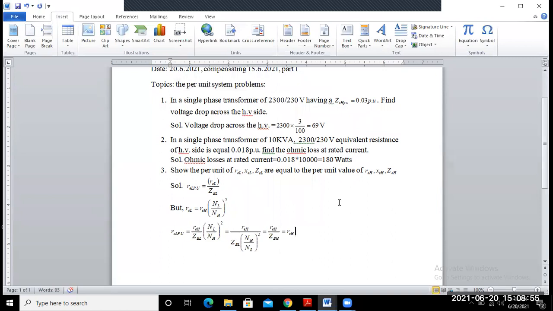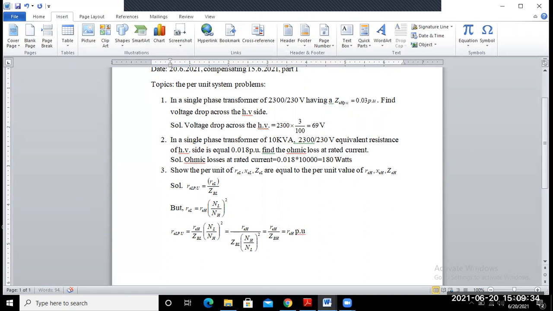So is it proved? That means the equivalent resistance of the low voltage side in per unit is equal to the equivalent resistance of the high voltage side in per unit. So the per unit value of the resistance is equal on the low voltage and high voltage side.